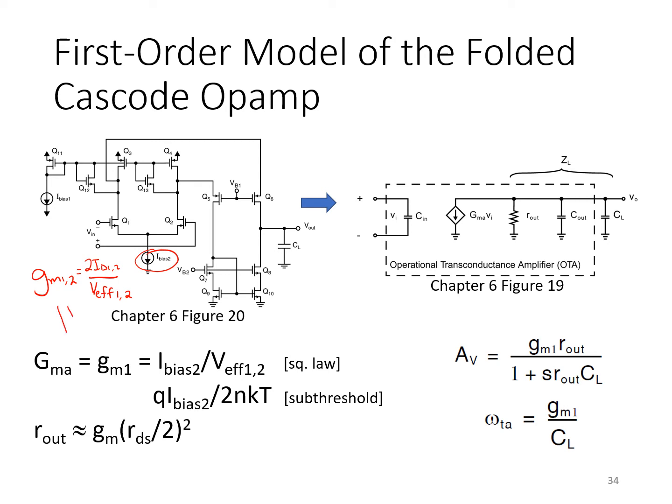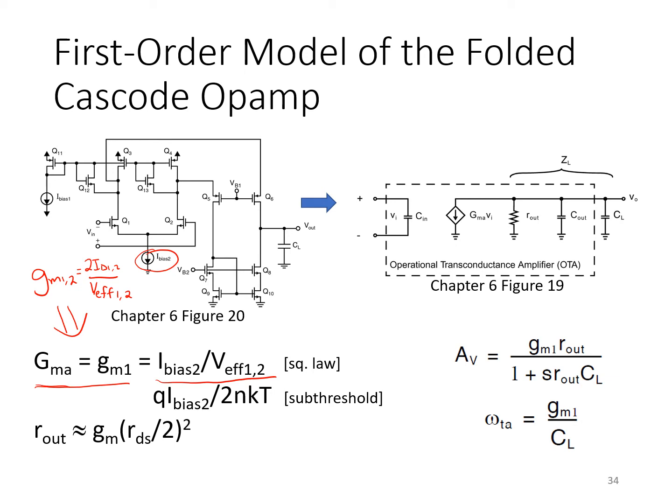So making that substitution and recognizing that the transconductance of the OTA is equal to GM1, we've got a relatively simple expression shown here for the transconductance of the OTA, assuming that the input diff pair transistors are observing a square law. And we've already said that there's every incentive, therefore, to bias those transistors with a low V effective, giving us the largest transconductance for a fixed bias current I bias 2.